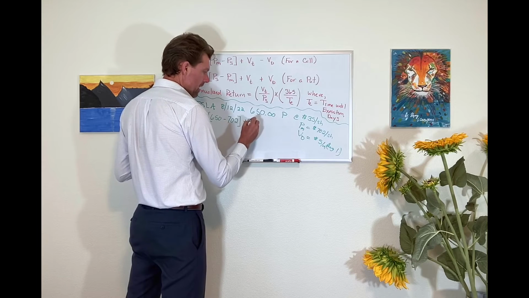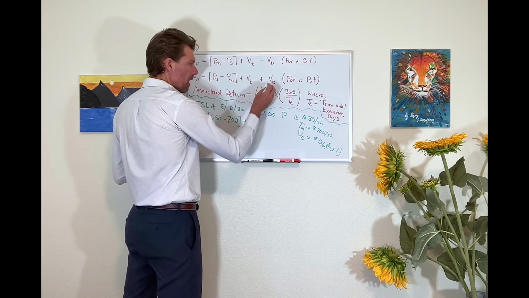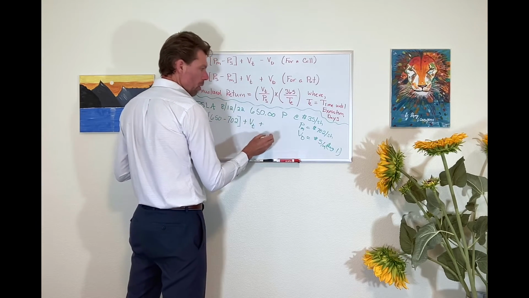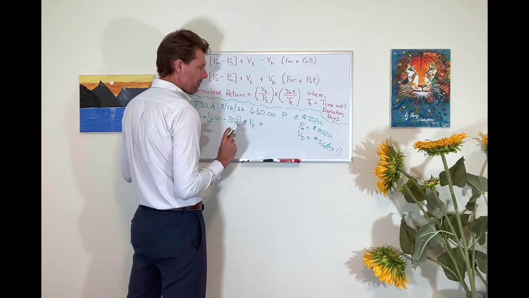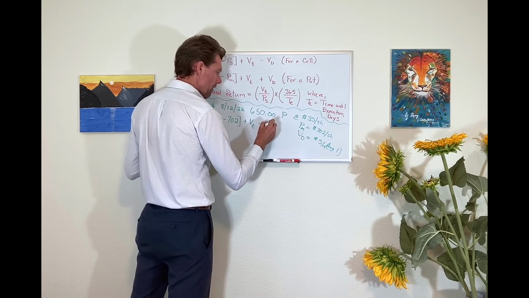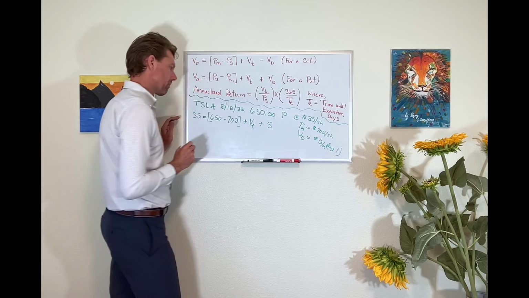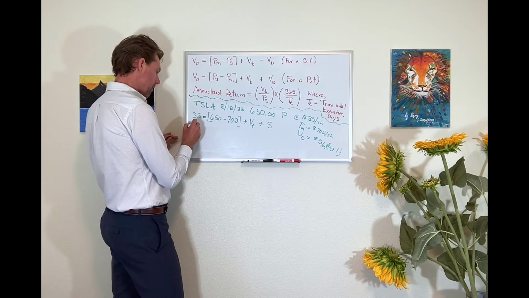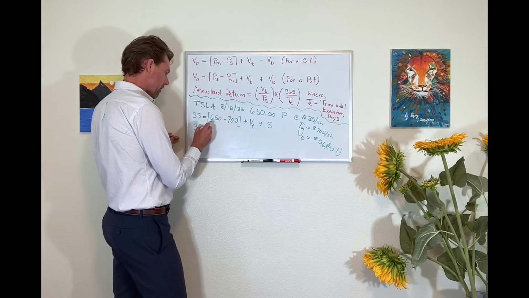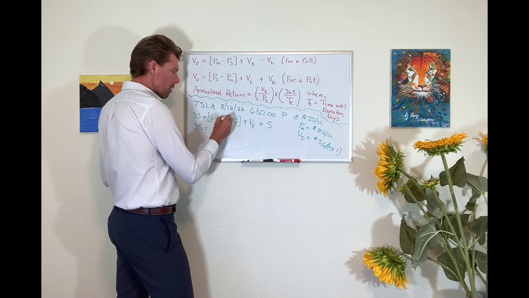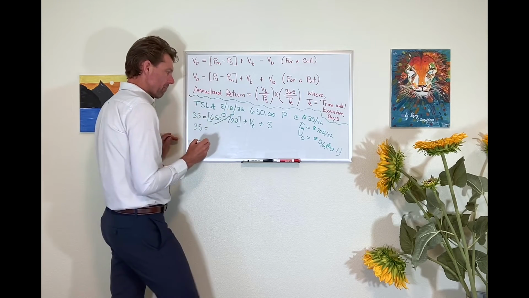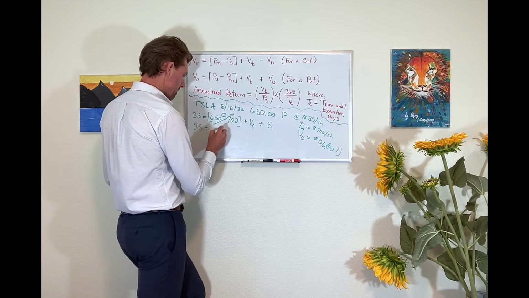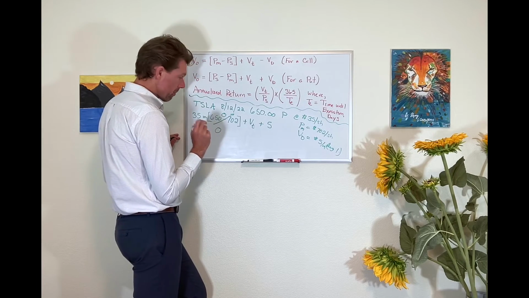Plus VT plus VD, which we said theoretically is $5. Okay, so let's solve for the time value. We have 35. Now this goes to 0, not negative 52.